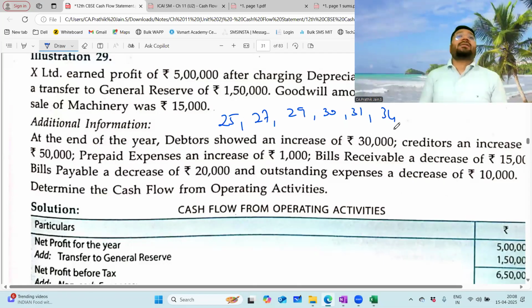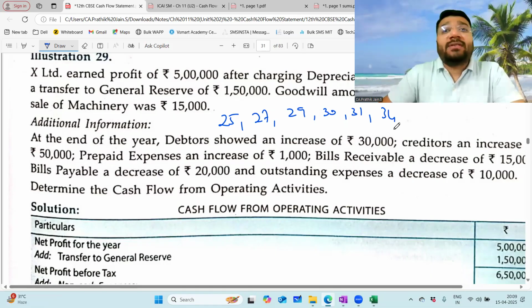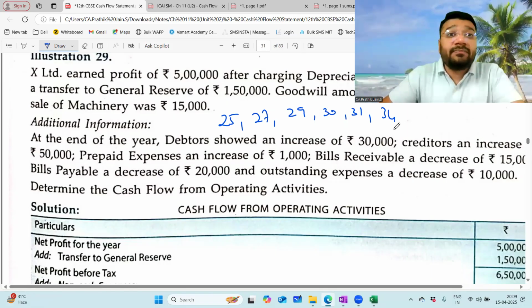In my next class, my target will be to complete segment 4 and segment 5, and definitely time will be left over. In that, I'll also do questions based on investing and financing activity. But before I do investing activity fully, I should recap how to prepare the depreciation account, accumulated depreciation account, machine account, etc., because that is a very tricky part in this intermediate.